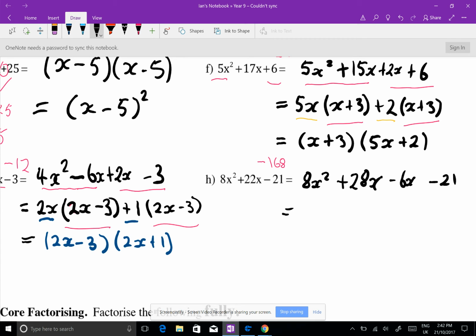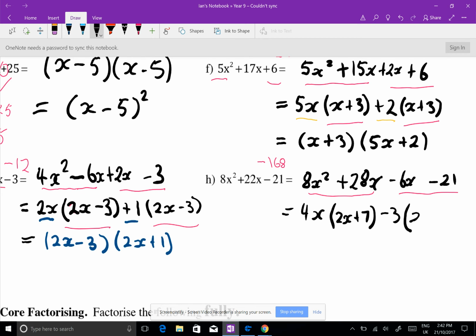So now I'm going to take 4x out of the front 2, 4x out of these 2, which will leave me 2x plus 7. And this is a bit tricky here, because I've got these negative numbers. I'm going to take out -3. And watch what it does.